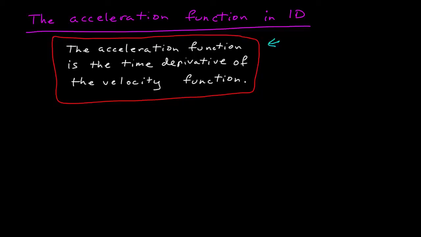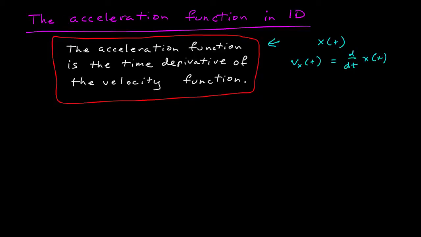So if we're in one dimension, and let's label that one dimension the x-axis, we have some position function x of t that tells us the location of an object as a function of time in this one dimension on the x-axis. And we found out before that the velocity function of time, which is also going to be along the x-axis because it's constrained to move in one dimension, is the time derivative of the position function.